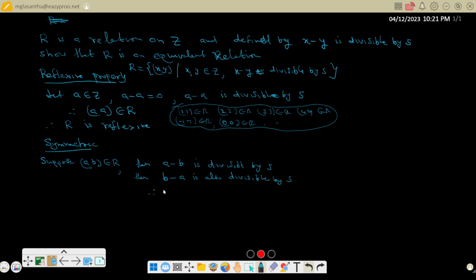Therefore, (b, a) belongs to R. Therefore, R is symmetric. Okay? R is symmetric. Right? Yes, sir.